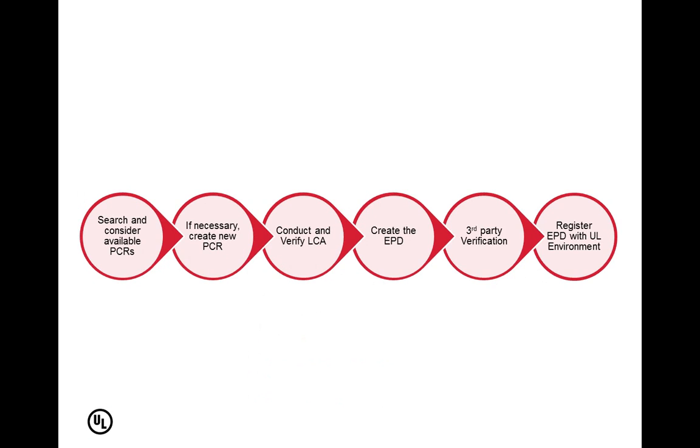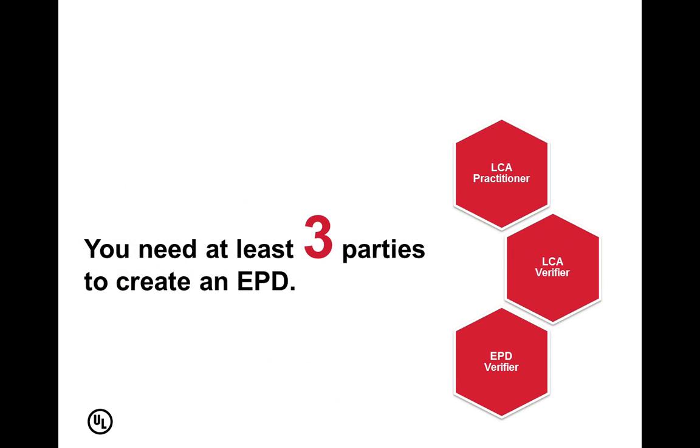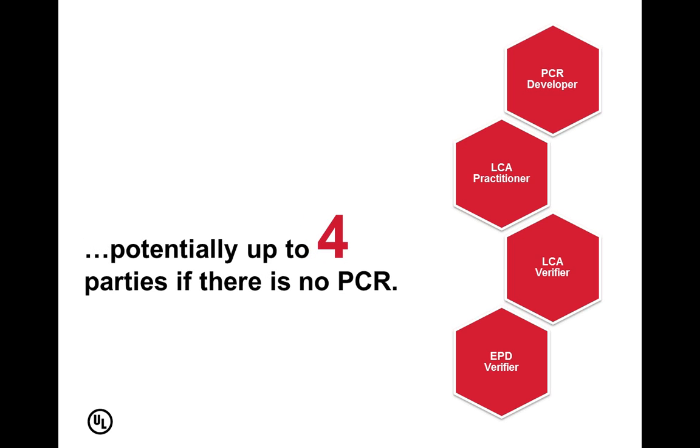It is then verified and registered with the program operator. So you need at least 3 parties to create an EPD. First is an LCA practitioner, second is the LCA verifier, and third is the EPD verifier, or the program operator. And sometimes you need 4, depending on if there is a product category rule available or not.